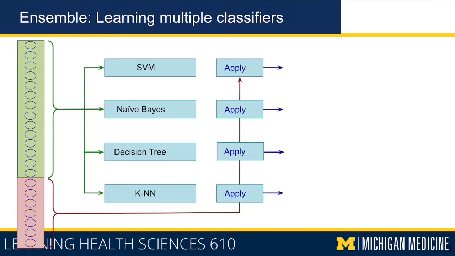Once you have used the training dataset on each of these and trained the model, you can use the test data to apply these models and generate a label for the test instances from each of these models, and then combine these outputs into a final output. This would be an ensemble learning approach where you're using multiple different models and combining the results, doing something like a majority voting, where the majority vote is the final label.